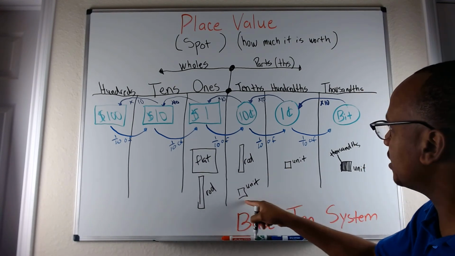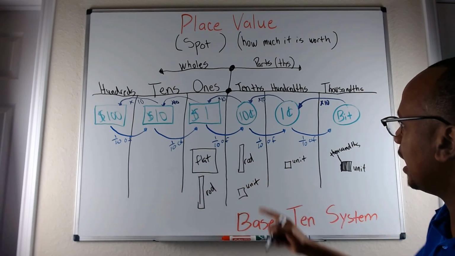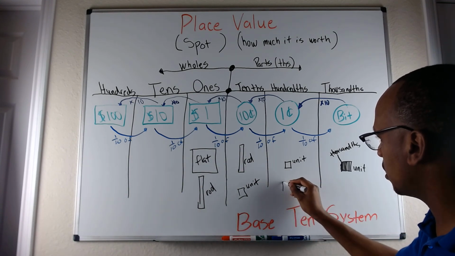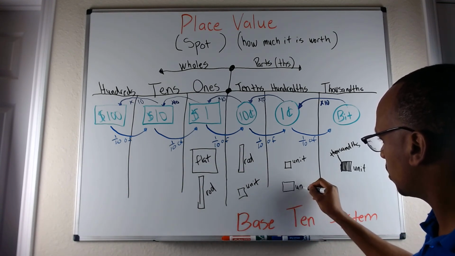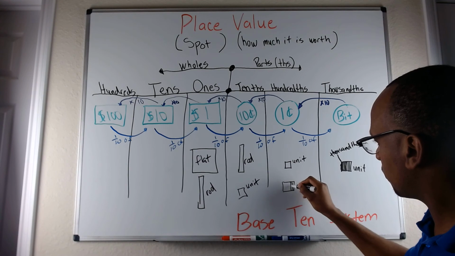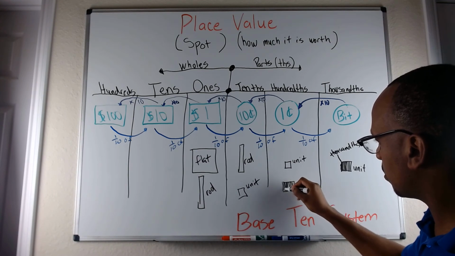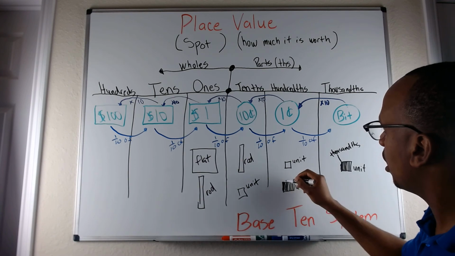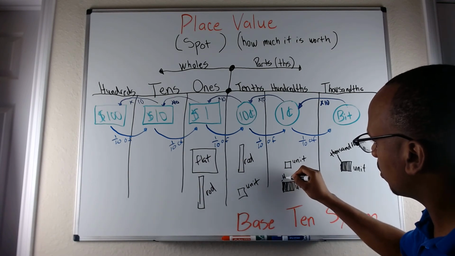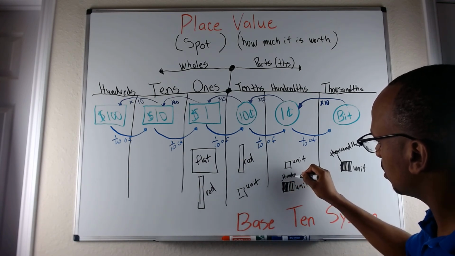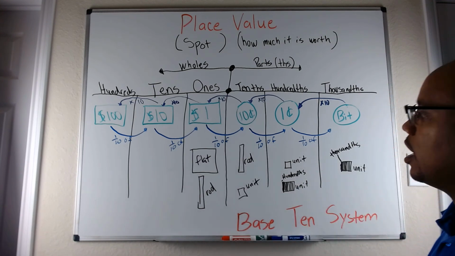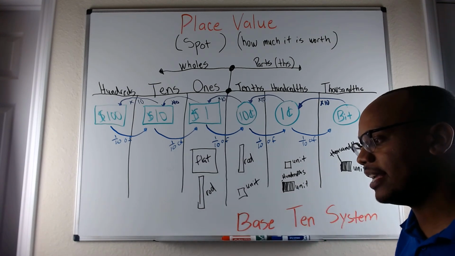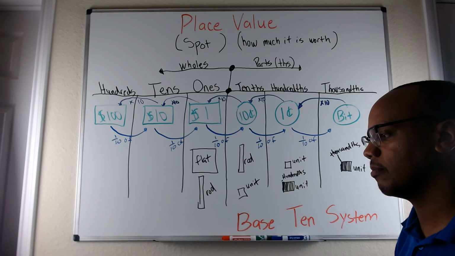And then I could take this unit and decompose it into 10 parts. And now this little micro piece right here will be hundredths now. Hundredths. Because it fits in the base 10 system. All right?